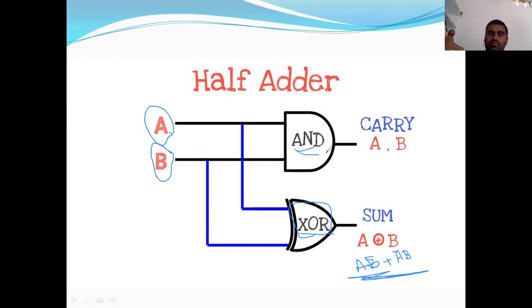So two gates are required to form a half adder. The AND gate output represents the carry, that is A dot B, A into B. And the XOR gate output represents the sum, that is A XOR B.